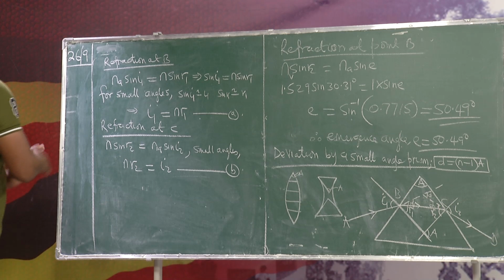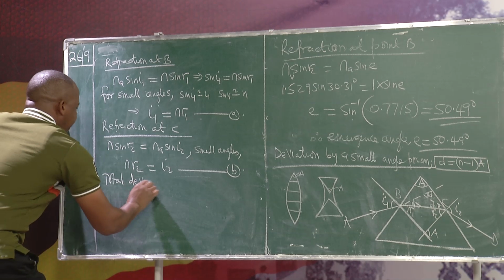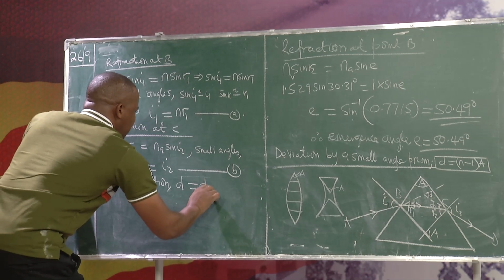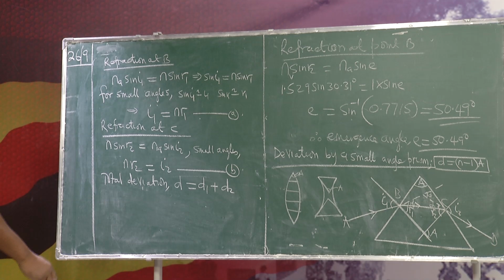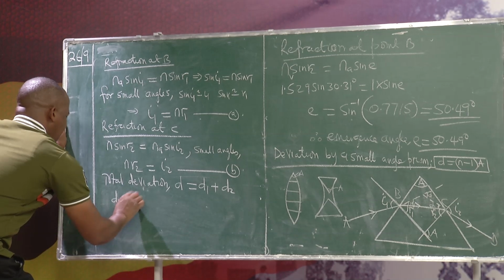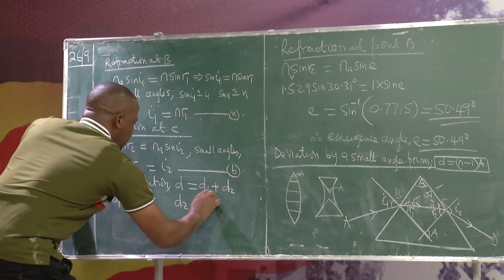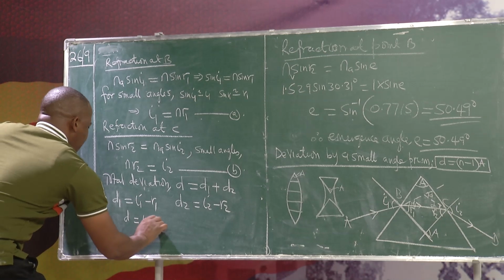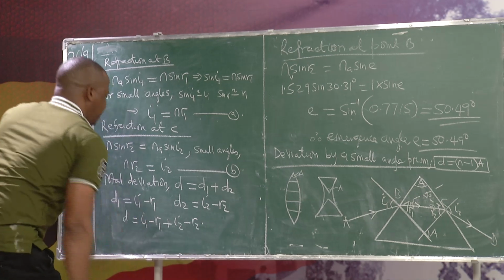Now, since we are aware the total deviation from our previous discussions is the deviation on the first face plus the deviation on the second face, I will be able to get my deviation d1 as I1 minus R1, and deviation d2 is I2 minus R2. So if we add them up, we have I1 minus R1 plus I2 minus R2.